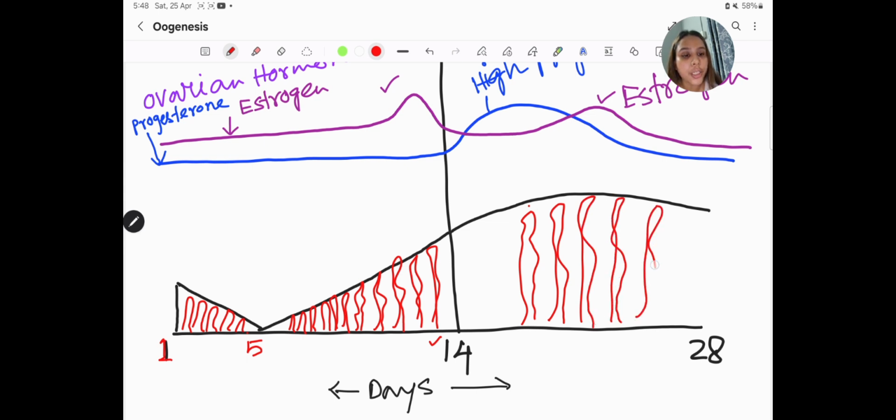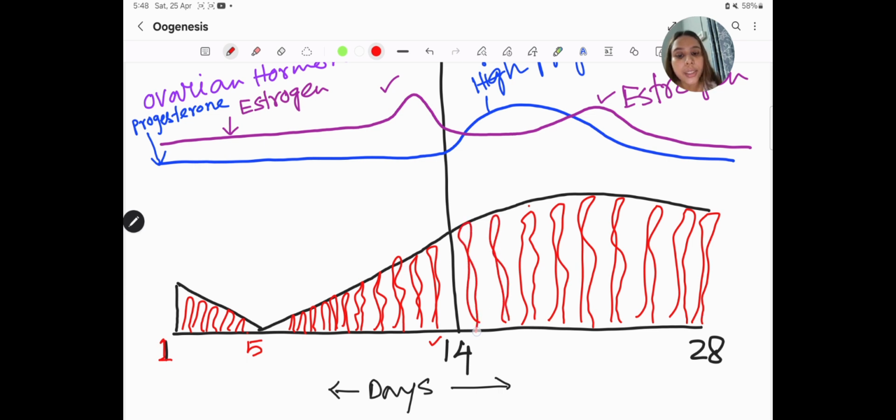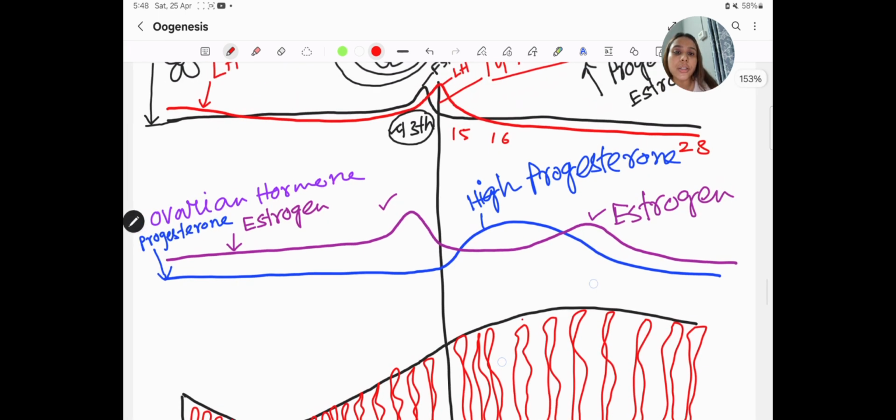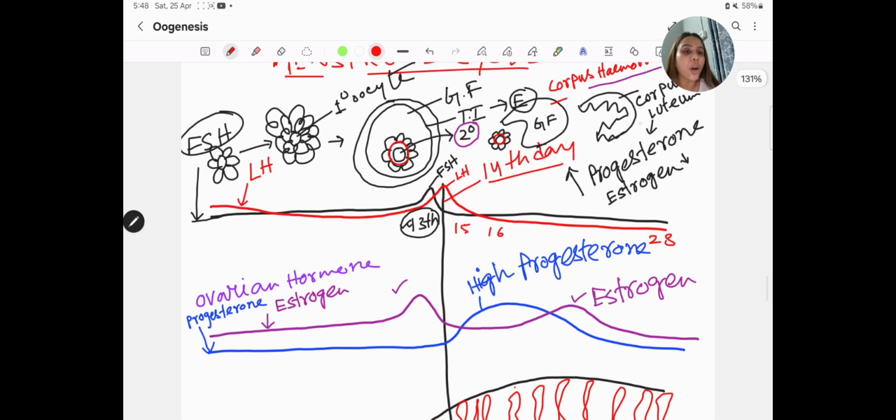Because of progesterone. Progesterone helps in the proliferation and development of this endometrial wall. And during 1 to 5 days there is no progesterone, because progesterone is only released by the corpus luteum.